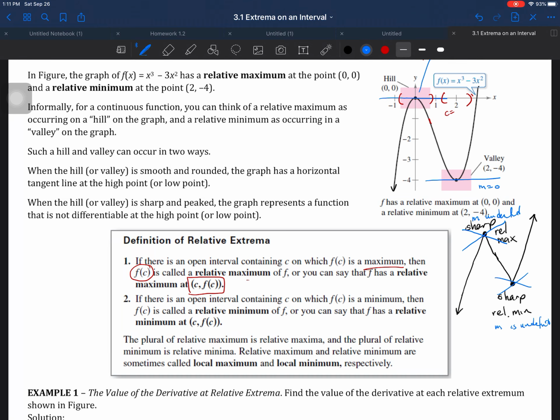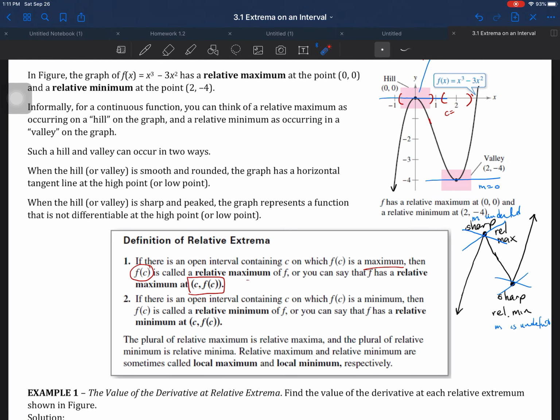So we can say that when the hill or valley is smooth and rounded, the graph has a horizontal tangent line at a high point or low point. But also when the hill or valley is sharp or peaked, the graph represents a function that is not differentiable at a high point of that.